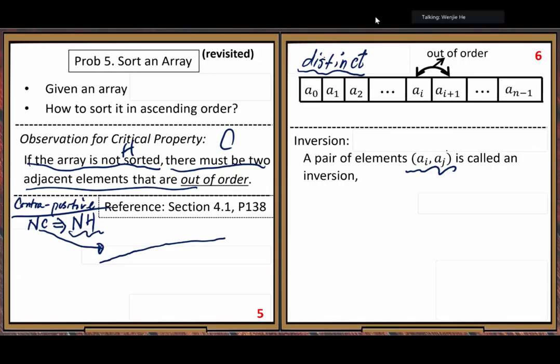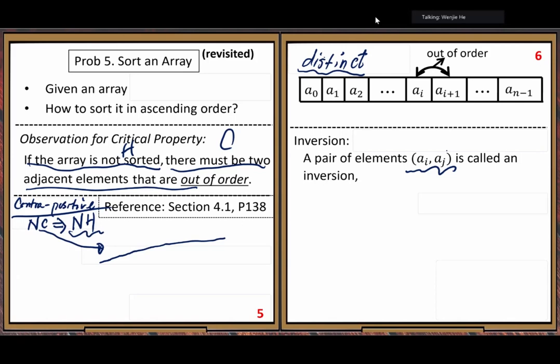The first element is less than the second element, or the first element is greater than the second element. If the first element is less than the second element, here we assume the subscript i is less than j.